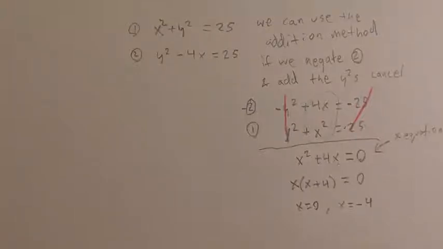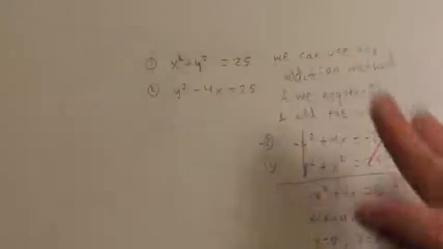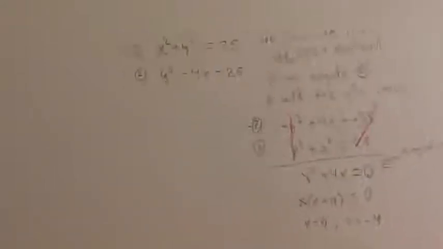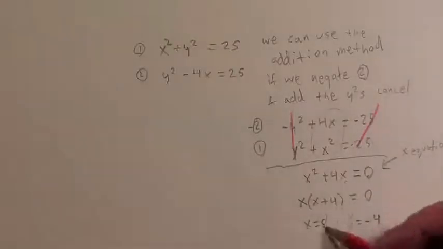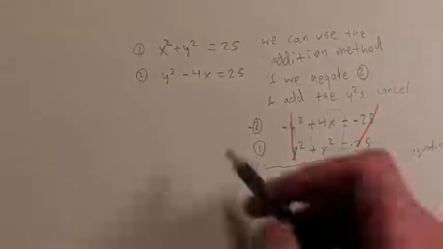Alright, now I guess the question then is, well, what do we plug this into? Because using the addition method, we never solved anything specifically for y. So here's what we'll do. Let's plug in 0 into both of our equations.